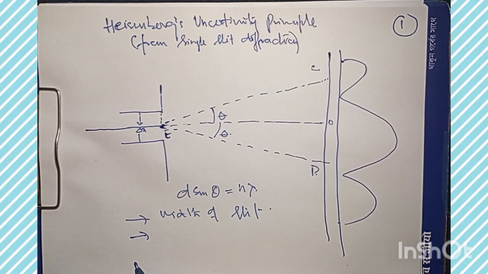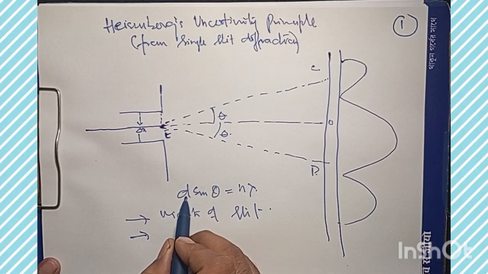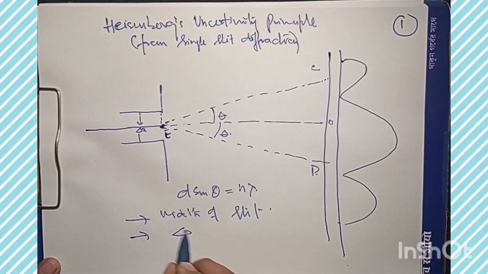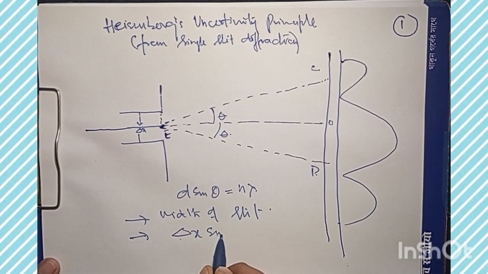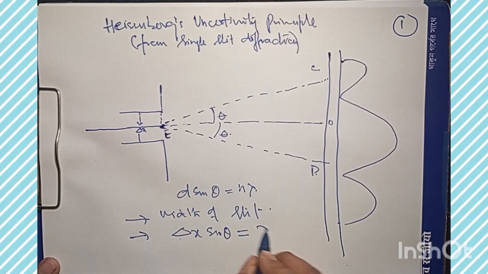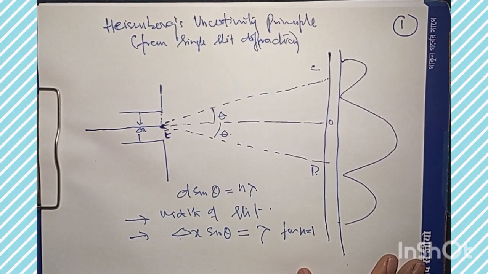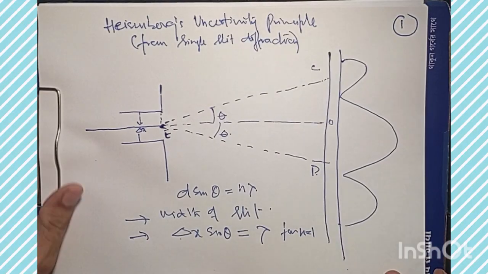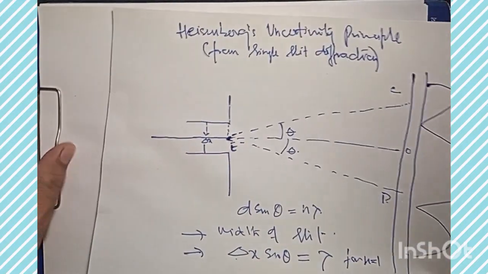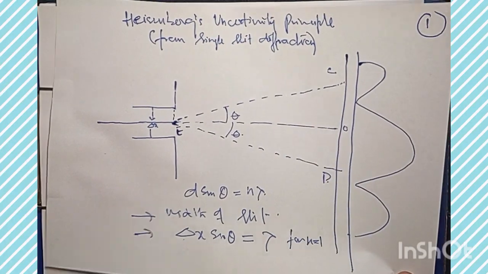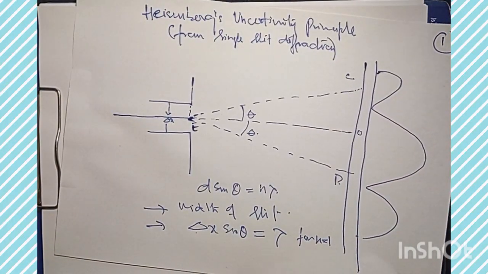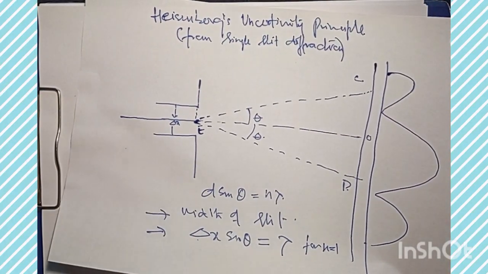To replace d, I write delta x sine theta equal to lambda for n equal to 1.